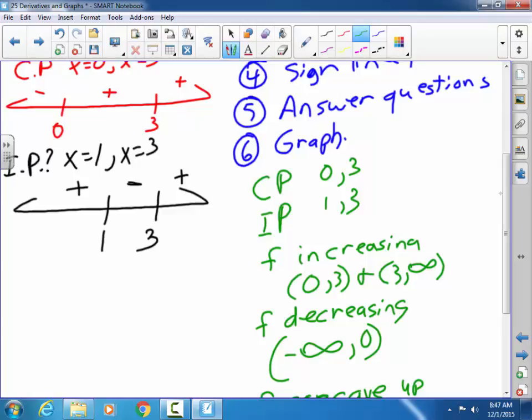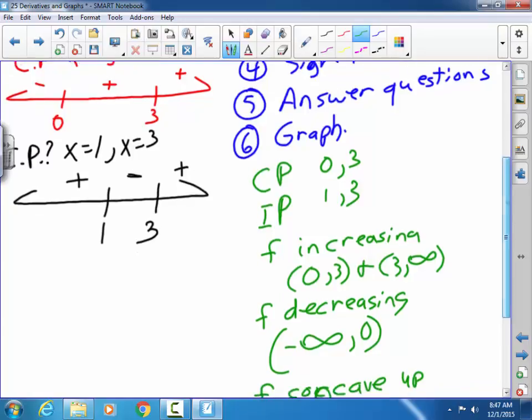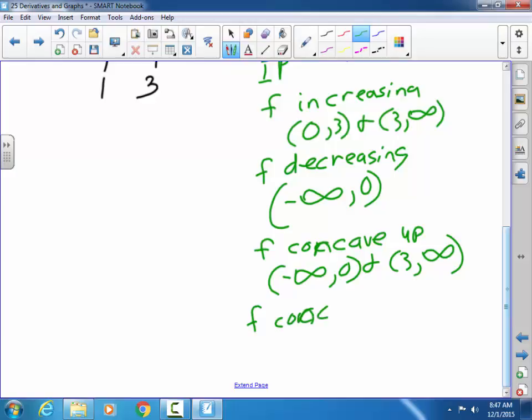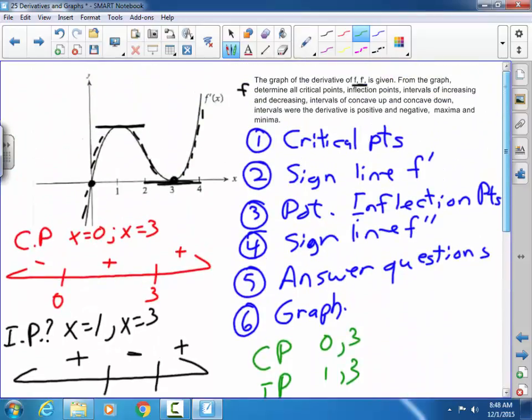So it's from negative infinity to 1, and 3 to infinity. And then it's concave down from 1 to 3.